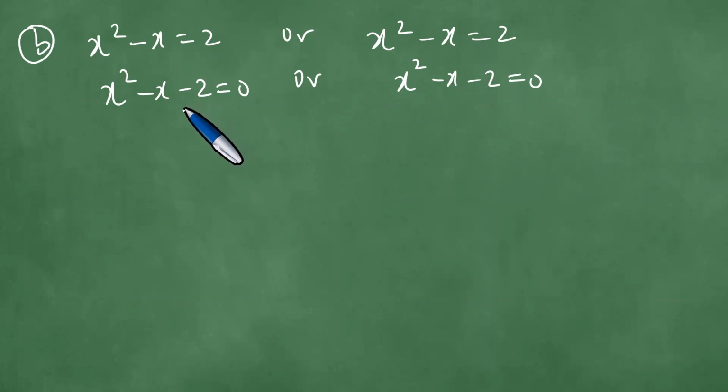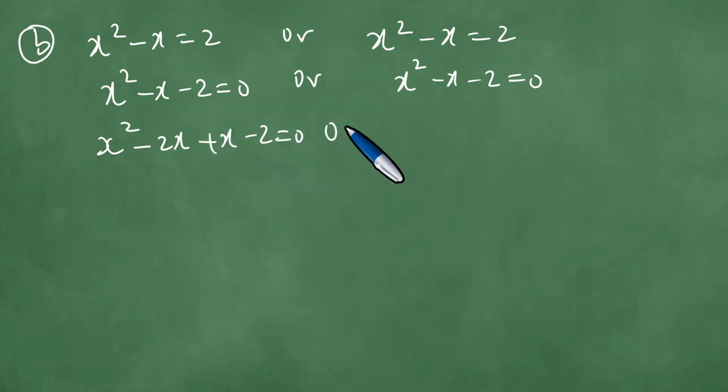We look for two expressions whose product is minus 2x squared, but whose summation is minus x. And those are exactly minus 2x and plus x. So minus 2x plus x minus 2 is 0.